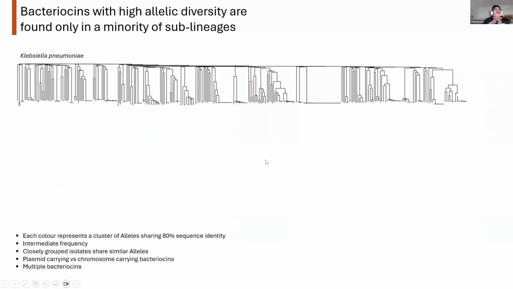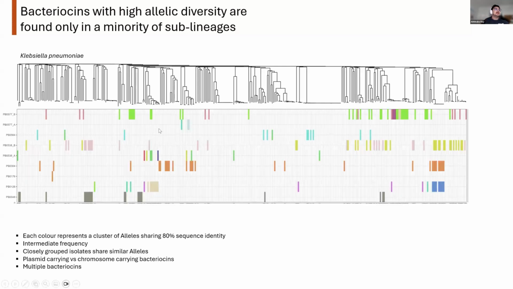Now, this is again the same tree that I showed before. It's looking at the different sublineages of Klebsiella pneumoniae that we got from Alfred Hospital, and this is mapping all the different clusters of amino acid groups, all the clusters that are 80% or more sequence similarity within each bacteriocin group. You can see that there is quite some amount of clustering closer to each sublineage.